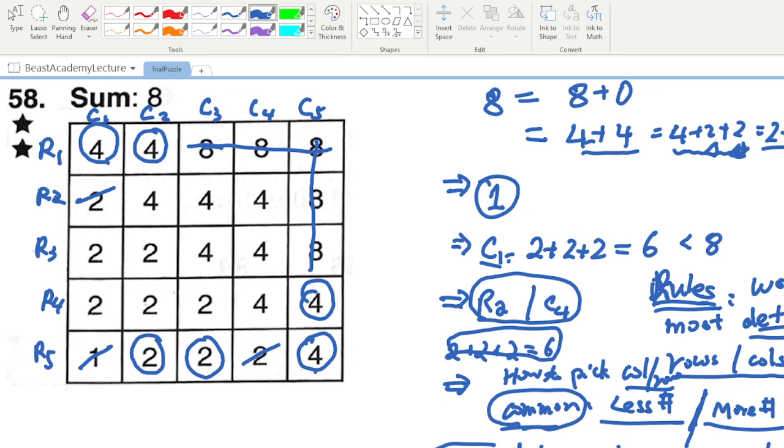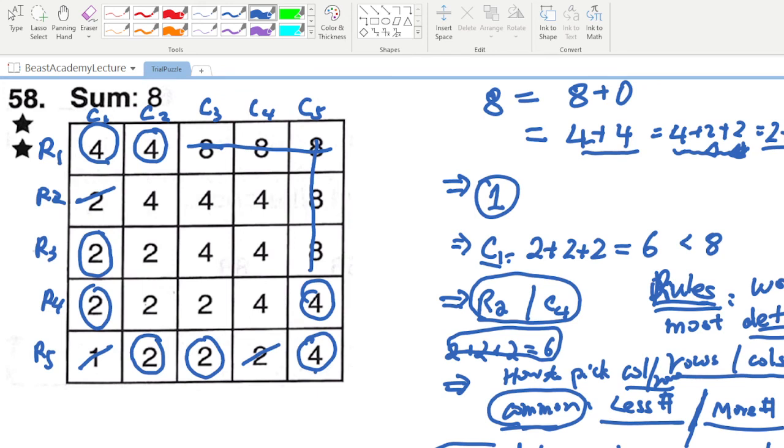Now you can see, have we already reduced this problem a lot? Think about the first column. We can do 2 plus 2 plus 4, so we must include 2 and 2, right?